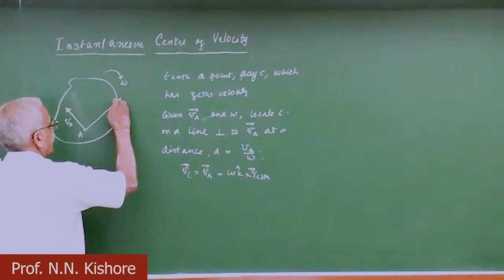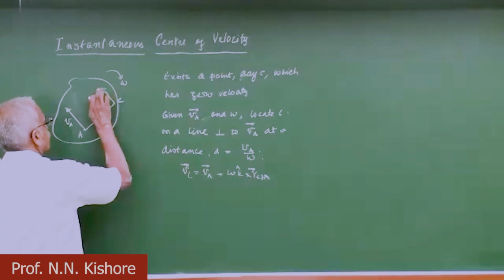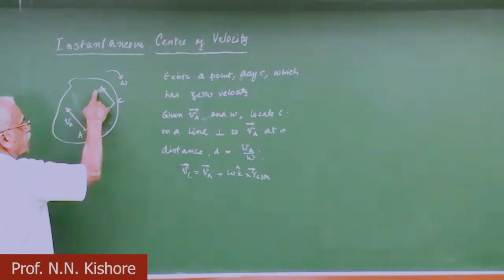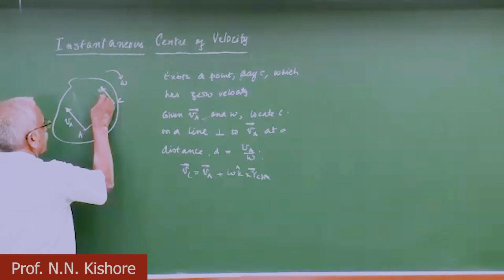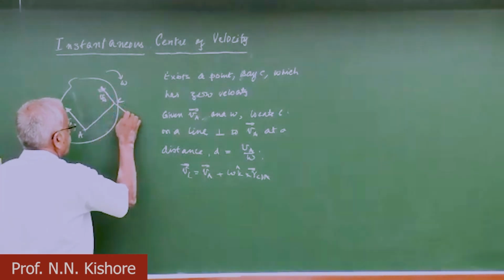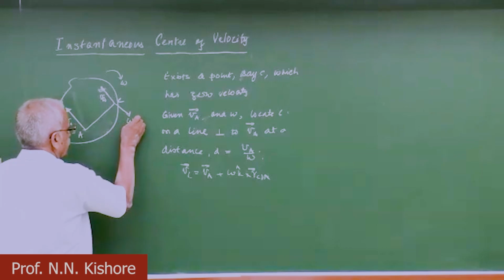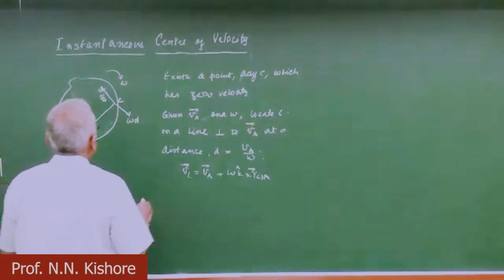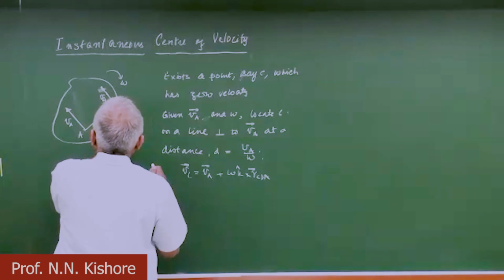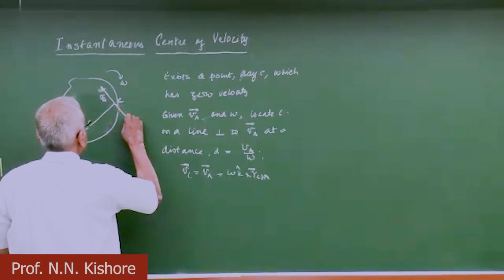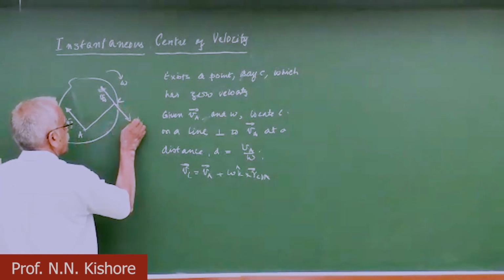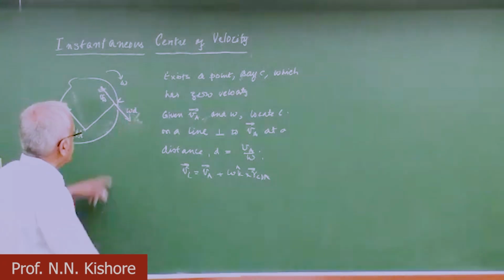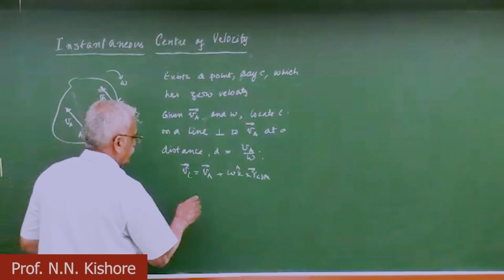Graphically we can see that if you want to get the velocity of C, you take the velocity of A, on which you add omega times D, and these two together will be, obviously this is omega D, and these two put together VC will be 0.